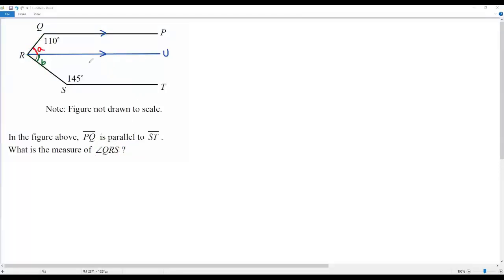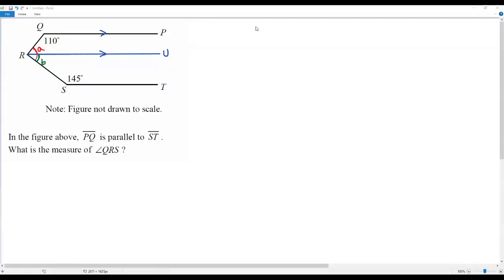Okay, so already we know that RU, the third line segment I have drawn now, is parallel to both PQ and ST. So anyway, these two line segments are parallel. So then what is the name of this line segment? This line segment is called transversal. Whenever two parallel lines are intersected by a third line, the two angle measures over here and here are consecutive interior angles and they must be supplementary.